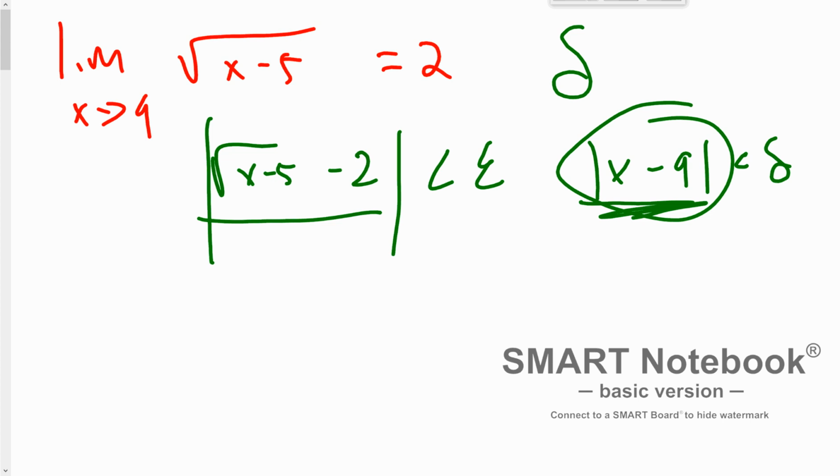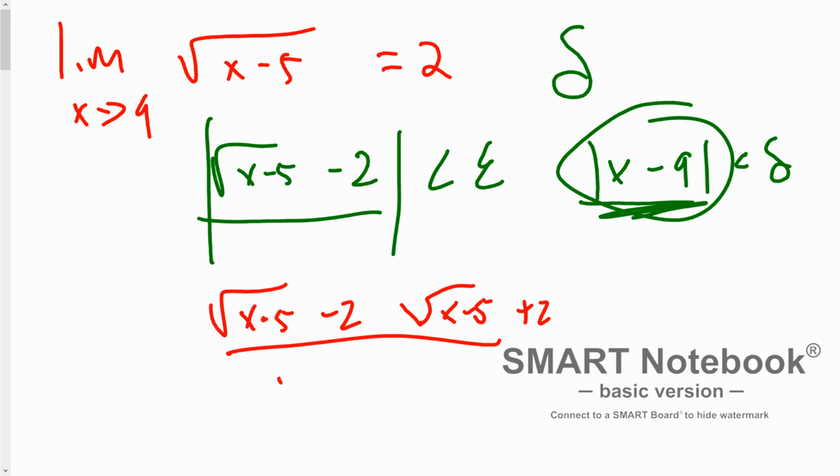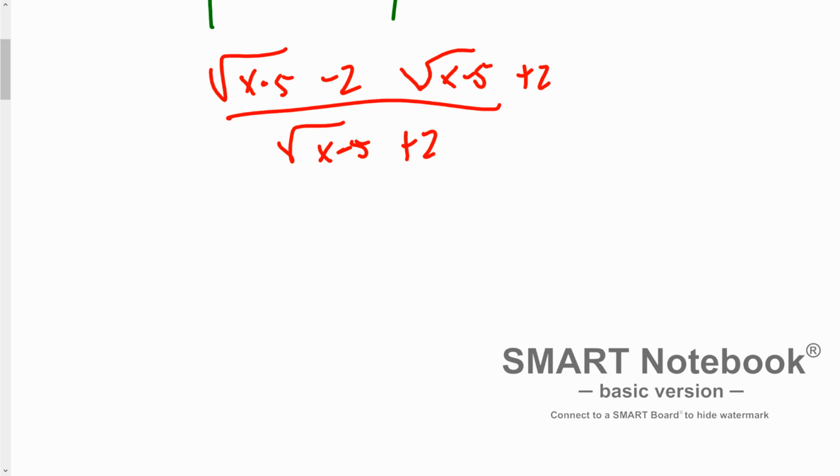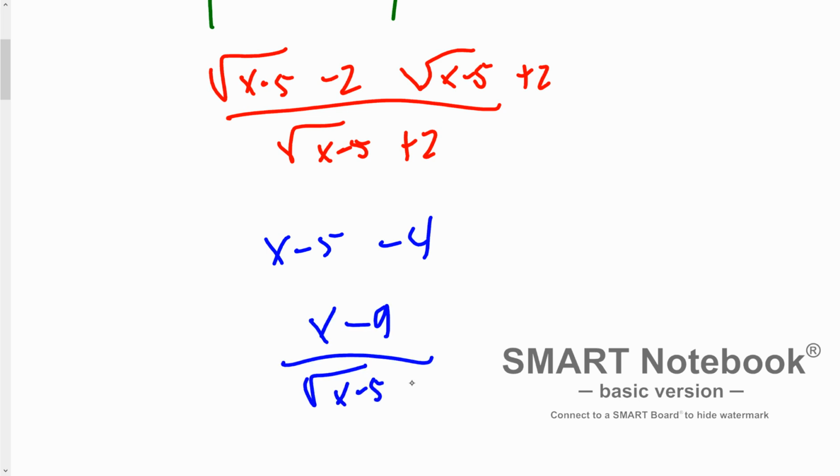We're going to multiply top and bottom by the conjugate, plus 2. So bottom is just going to be √(x - 5) + 2. Top is just going to be x - 5 - 4, which is our x - 9, which you want. And on bottom is √(x - 5) + 2.